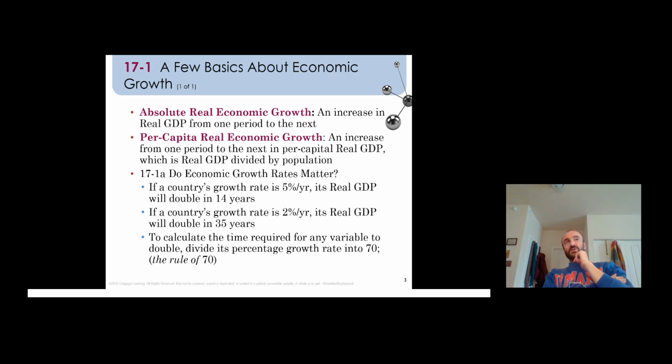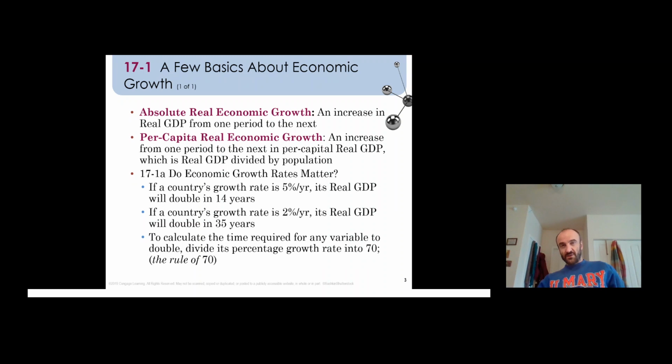Because you can have a very large country, like China, for example, that can produce a great quantity of goods and services. And when you look at the absolute numbers, if you want to compare the American and Chinese economies using the figures of real GDP, you will find that Chinese GDP is larger than the American GDP. That means that the quantity of goods and services that the Chinese economy is producing is greater than the quantity produced by the American economy.